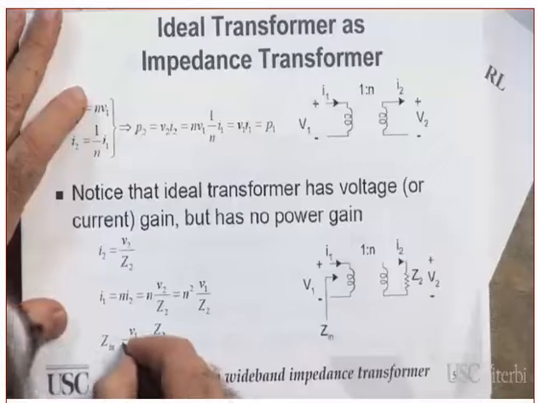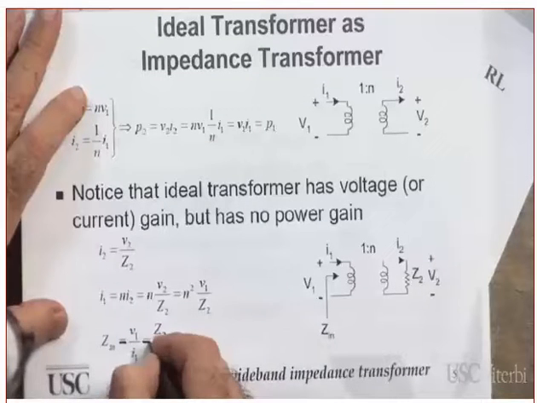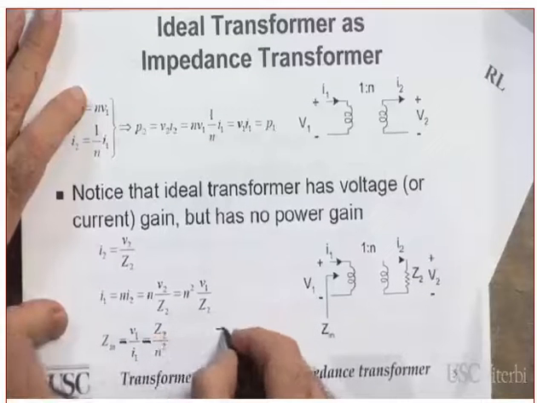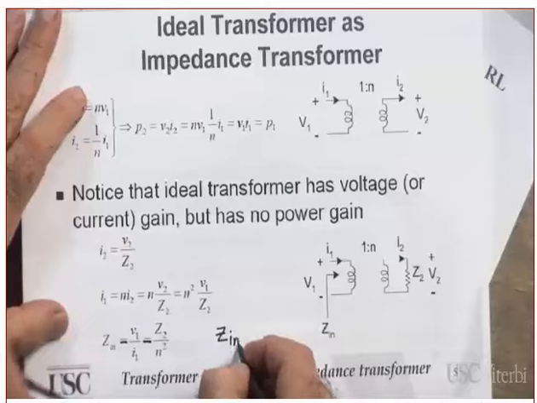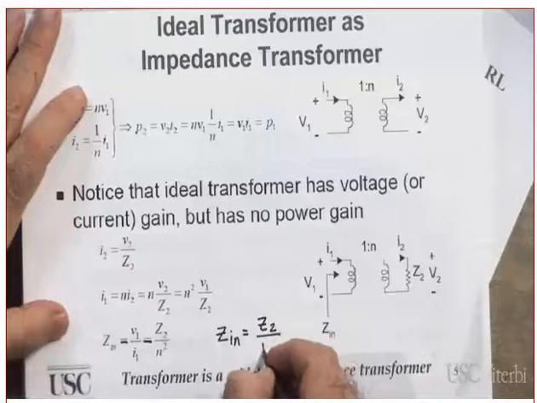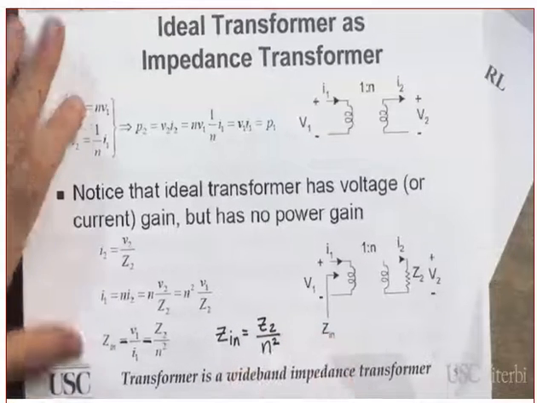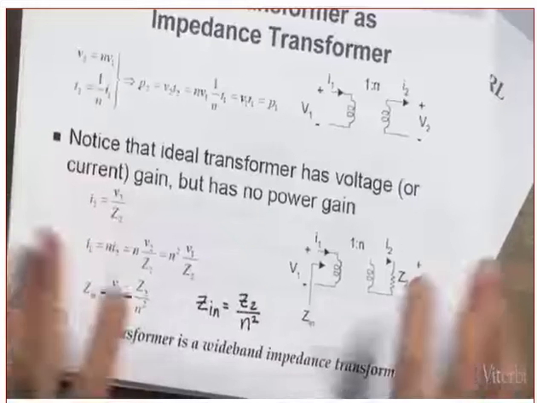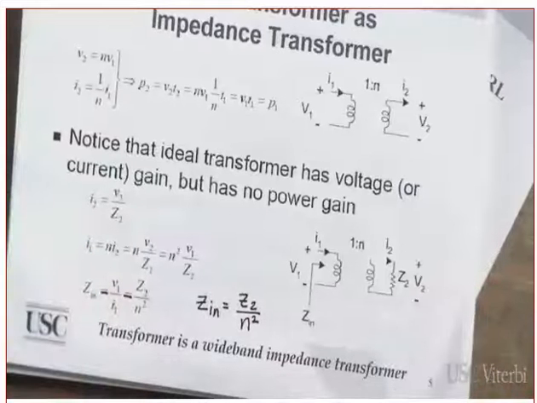Zn is equal to Z2 over N squared. This scanner is terrible. Clear? No response. Clear? Okay.